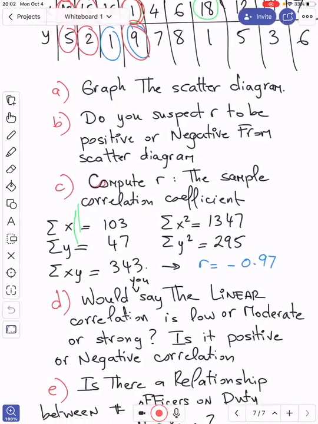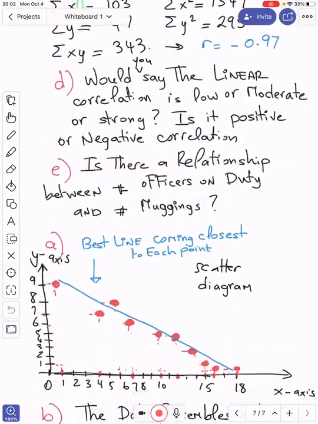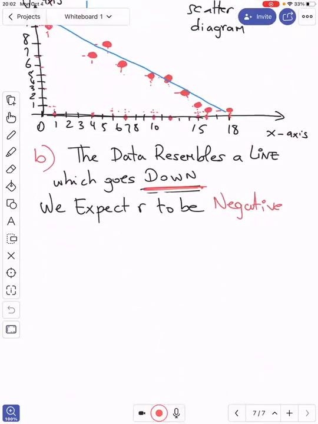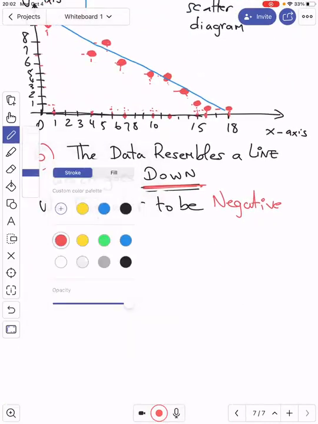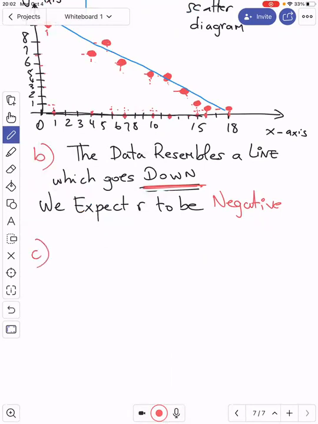Now we need to compute R. So I'm going to remind you again the formula for R. This is the correlation coefficient. R is equal to N times the sum of XY, minus the sum of the x's times the sum of the y's.